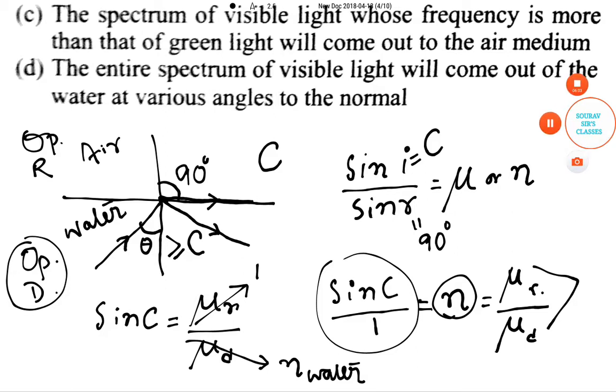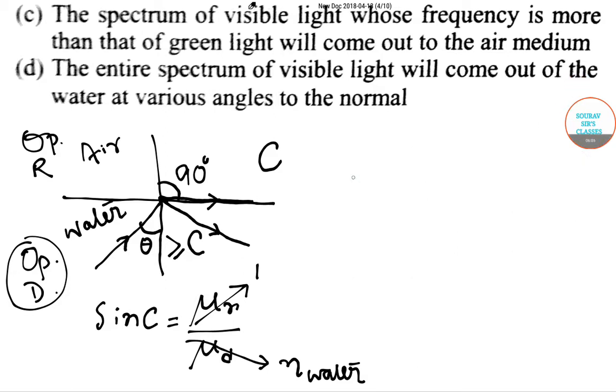So we can say that sin C is equal to 1 divided by n of water.